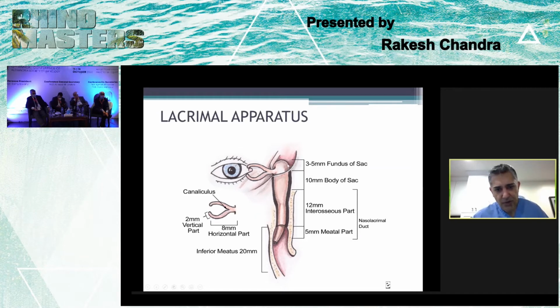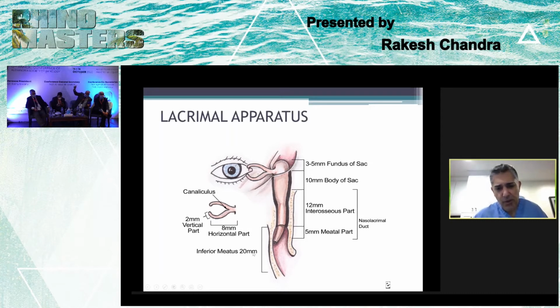And then there's the fundus of the sac, which is a smaller amount above it. So the canaliculus is important to remember, because a lot of times if you're working with an ophthalmologist, they're going to be the ones that probe it from this direction. But if you ever need to probe it, it's important to remember that you have to pull the eyelid laterally so that it stretches out this vertical part and puts it in profile with that horizontal part there.